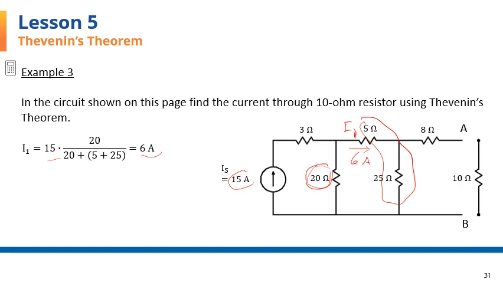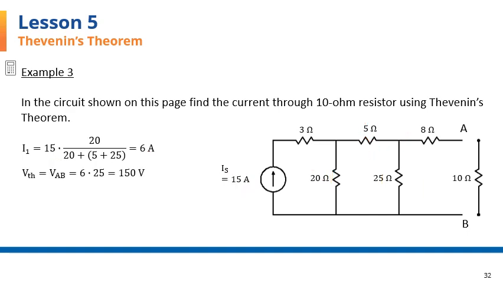Same current goes through this resistor, again 6 amps. So we can easily find the voltage across the 25 ohm resistor by multiplying 6 amps times 25 ohms. That's done on the next page. VTH is equal to VAB by definition, and that comes to 150 volts.